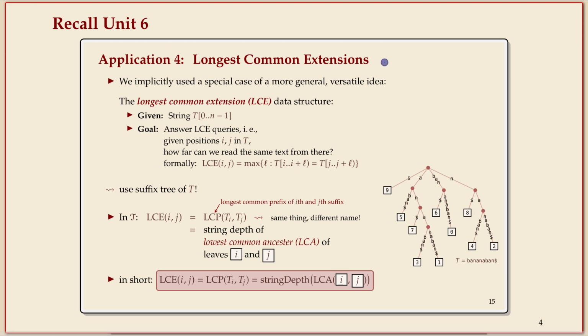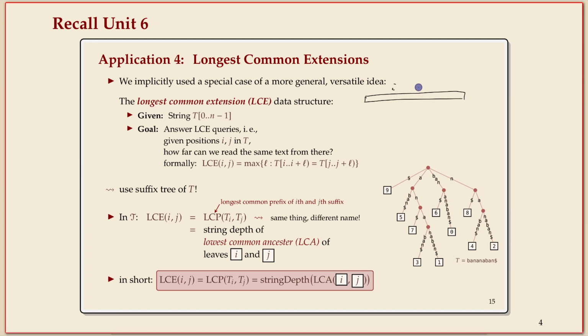At that time, Unit 6 was all about suffix trees and suffix arrays. And we talked about the string problem of longest common extensions. Just to refresh memories, we had a single string in the easy version and 2 positions in that string. I probably drew pretty much the same picture back then.